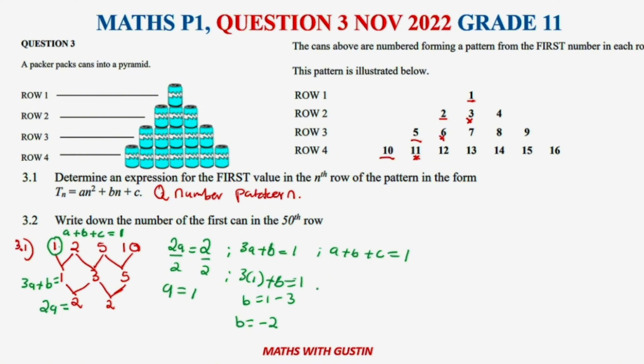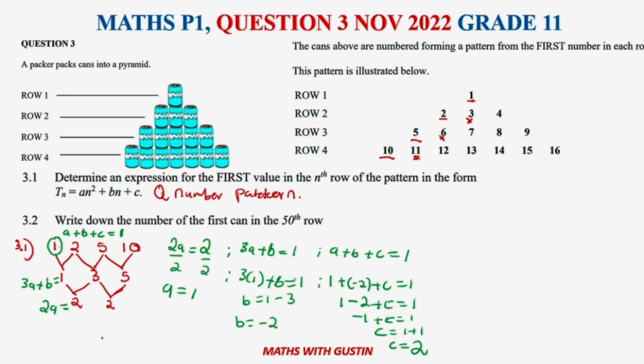Similarly, substitute a and b into the last equation: 1 minus 2 plus c is equal to 1. Therefore minus 1 plus c is equal to 1, then take the minus 1 to the other side: c is equal to 1 plus 1, therefore c is equal to 2.